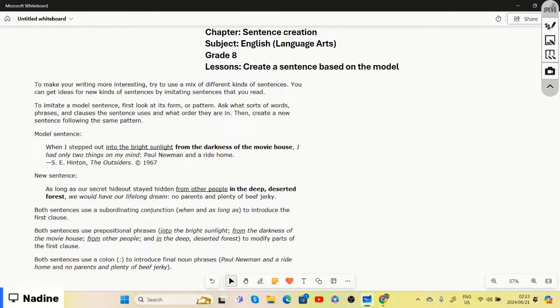With the model sentence, they say "when I stepped out into the bright sunlight," whereas the new sentence starts with "as long as our secret hideout stayed hidden." Those sentences start with a subordinating conjunction, which is "when" as well as "as long as."